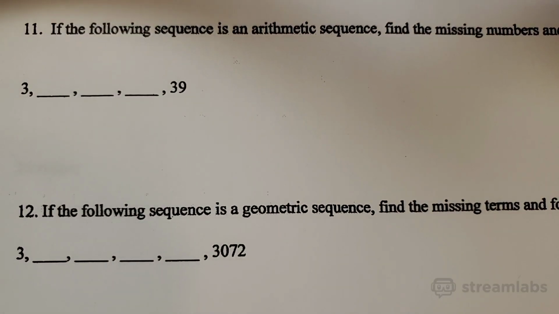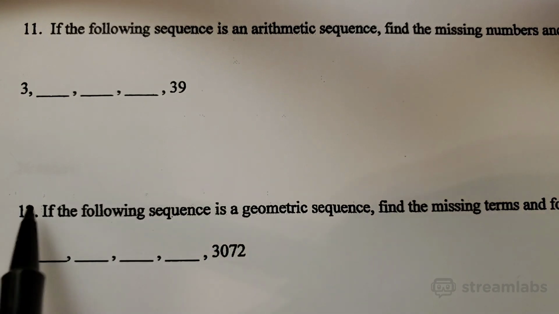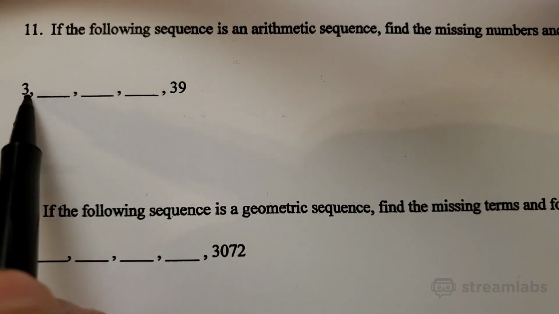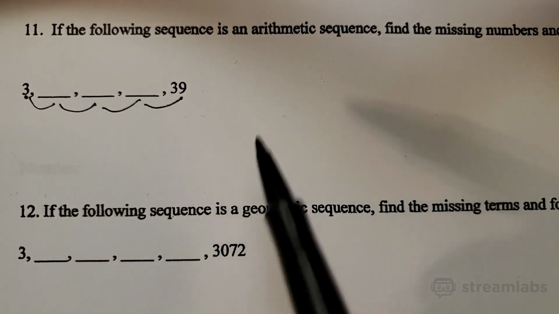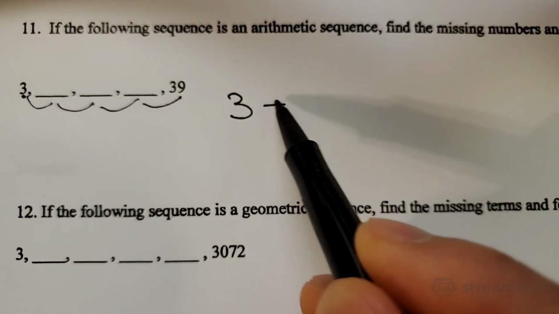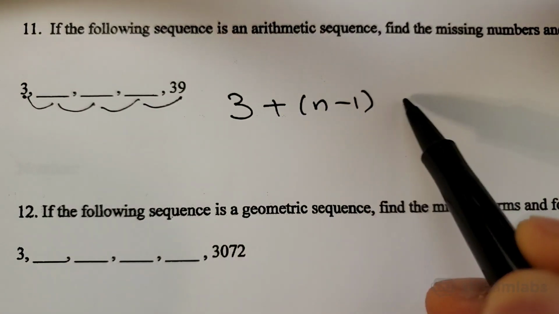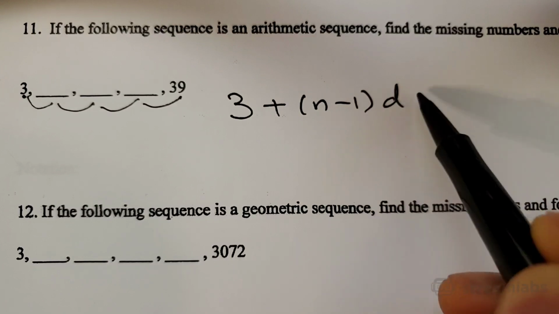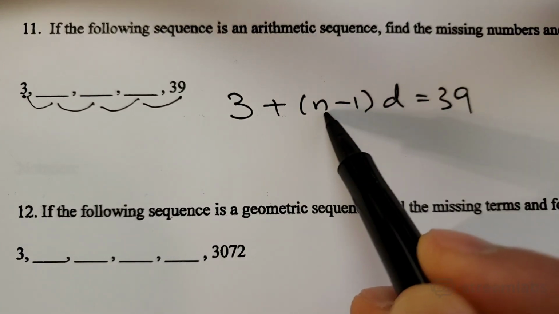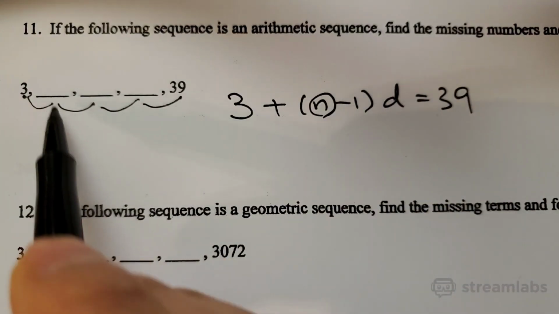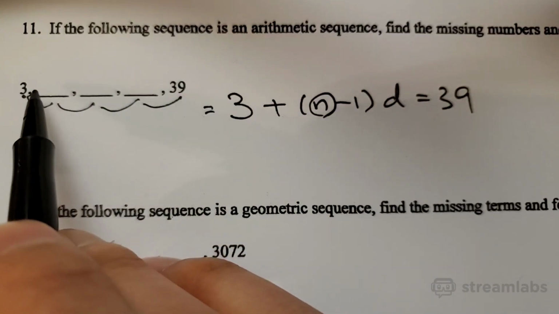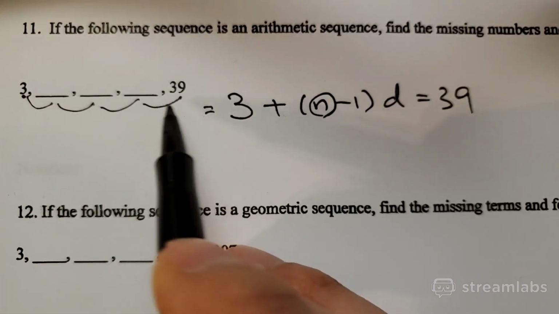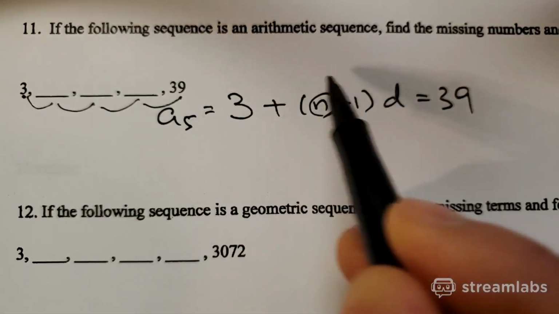So if you want an arithmetic sequence, you have to count how many terms. So this is the first term, second term, third term, fourth term, fifth term. So it's 3 plus (n minus 1) times the difference, which is 39. But n, you already know. This is the fifth term, so A5.